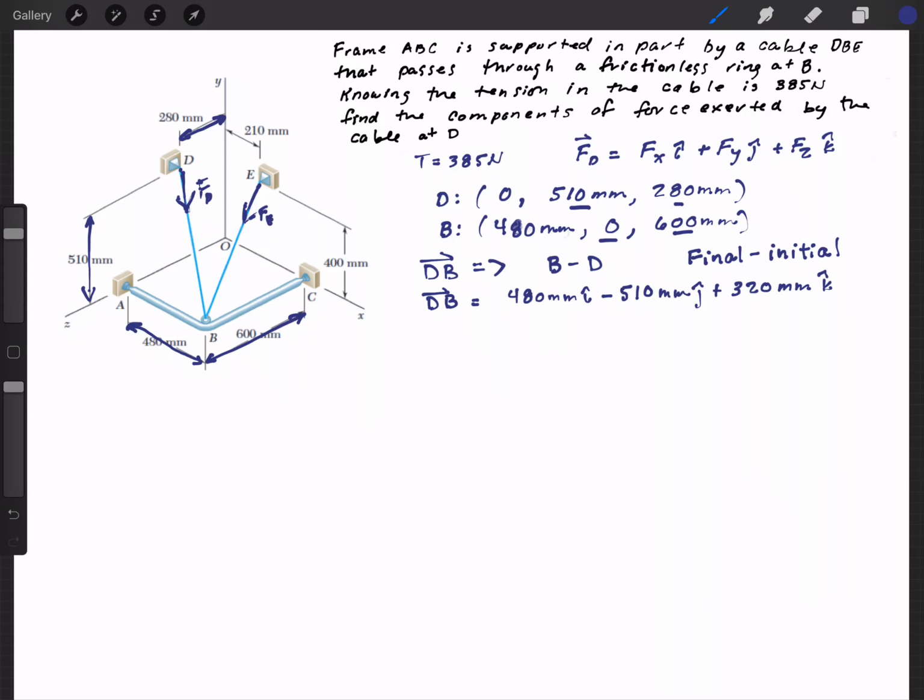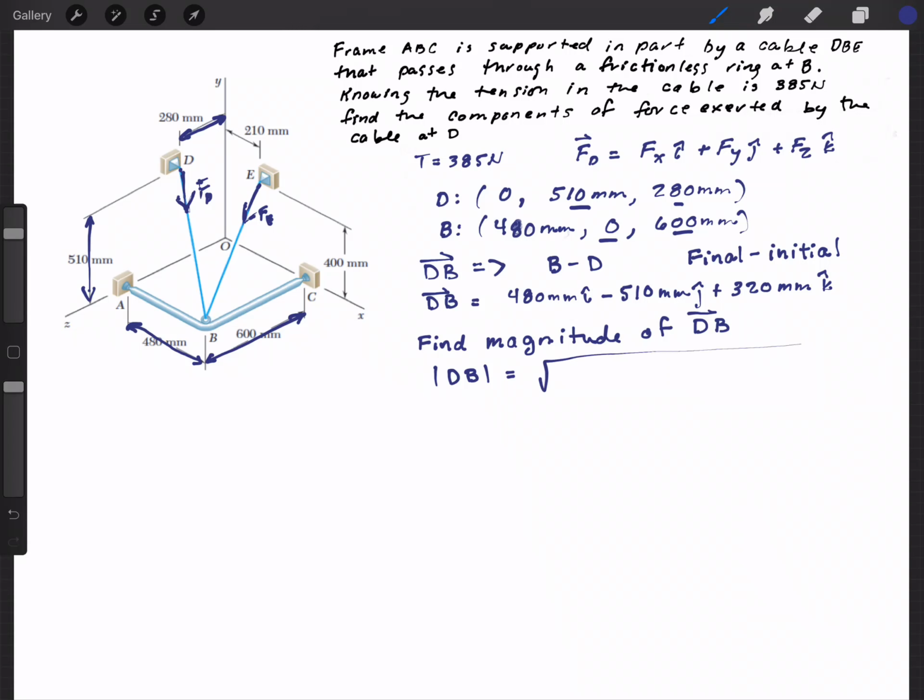Next we find the magnitude of our vector DB. To do that, we use the Pythagorean theorem. We use the absolute value marks around DB to indicate the magnitude.